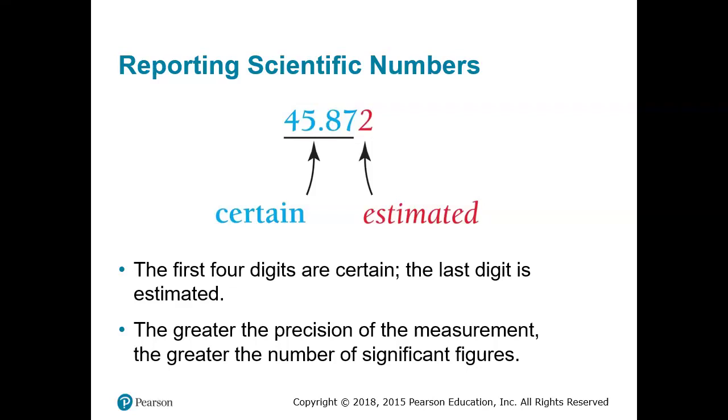That limitation is one estimated digit, and only one estimated digit. So when you measure in the lab, you're looking at your graduated cylinder. You can measure, but you always need to make sure that you have that one estimated digit there. And just the one, not more than that.